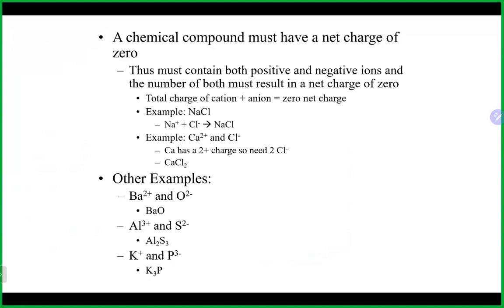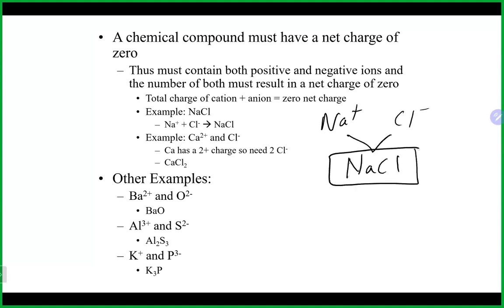When we take a sodium ion, which is +1, and a chloride ion, and put them together, +1 and -1 has no charge. So we write the formula for the ionic compound as sodium chloride. The formula for an ionic compound should never have a charge in it, but it is made up of two things that do have charges.